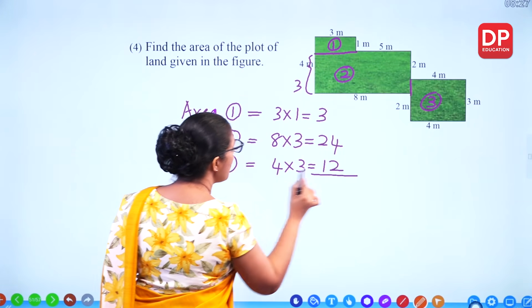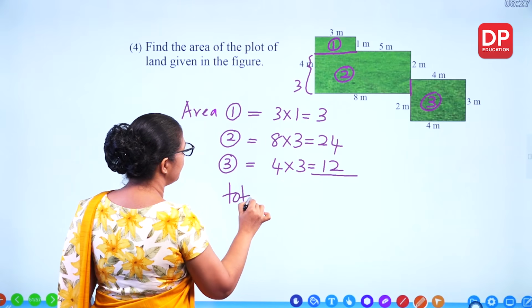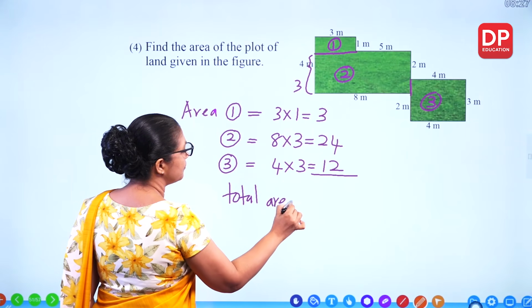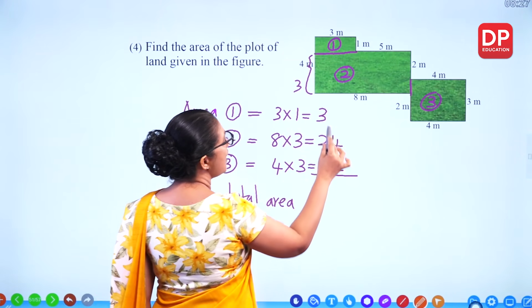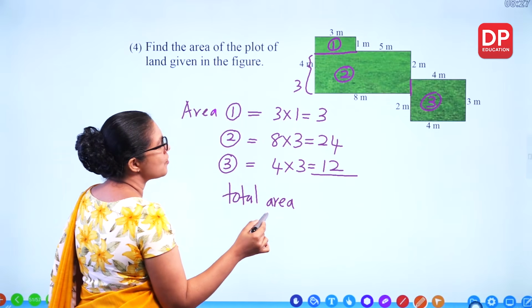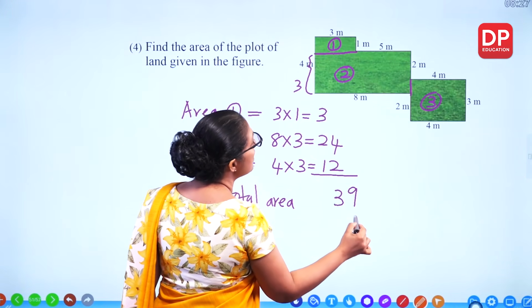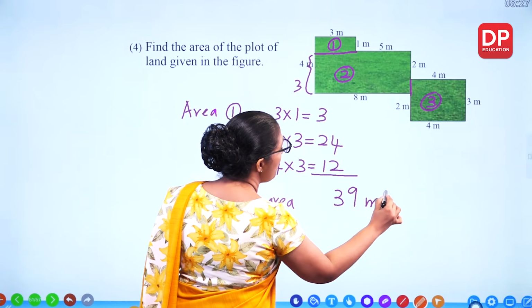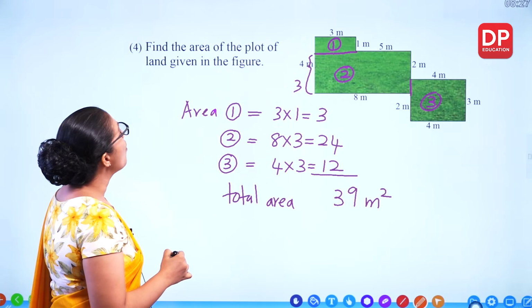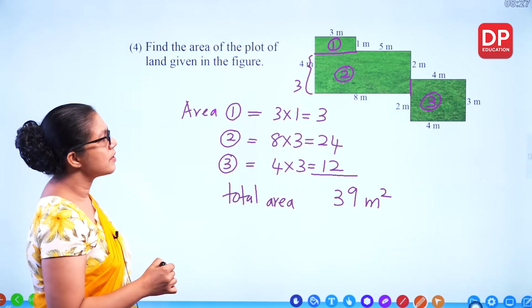So what's the total area? Add it together. 7 plus 2, 9. 2 plus 1, 3. 39 square meters is the total area of this plot.